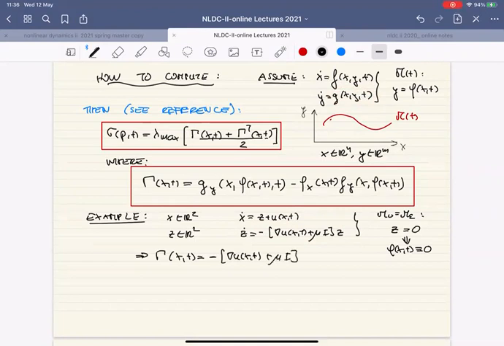Okay? So when I take the gamma transpose route, and calculate sigma p,t, the quantity I need to evaluate is this.